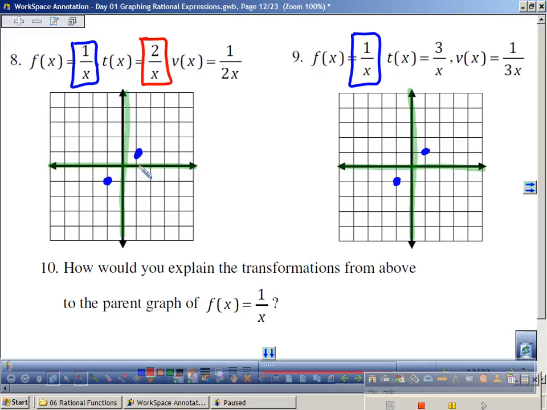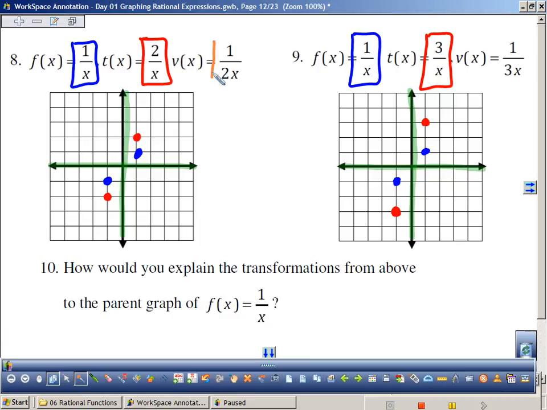But remember when I told you the only thing that was going to change was from the horizontal asymptote? It's going to be up 2 and down 2. And this one's going to be up, what do you think? 3. 1, 2, 3. 1, 2, 3.